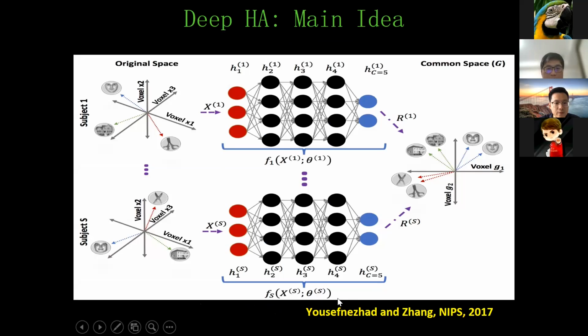We first use a neural network to map the functional data from the fMRI space to a high dimensional space, and in the high dimensional space, we perform hyperalignment again. So this is the basic idea.